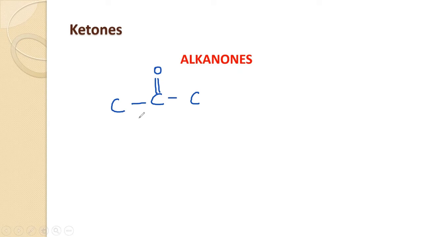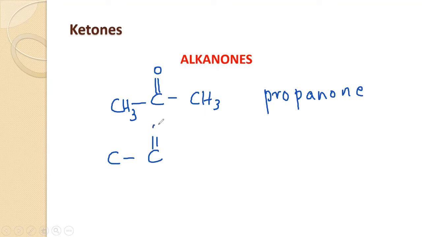So there should be a minimum of 3 carbon atoms for a ketone. So the first member of the ketone series, which contains 3 carbon atoms, is called propanone. The next member would be butanone.